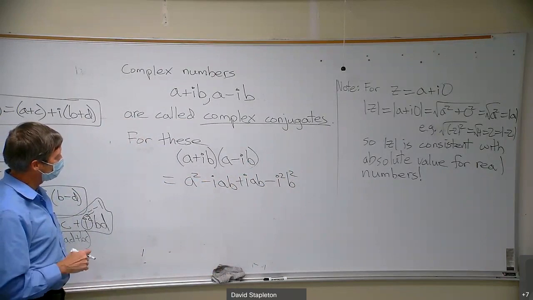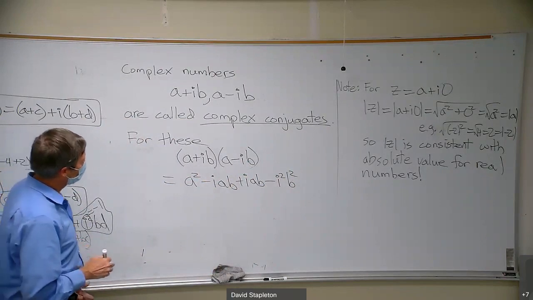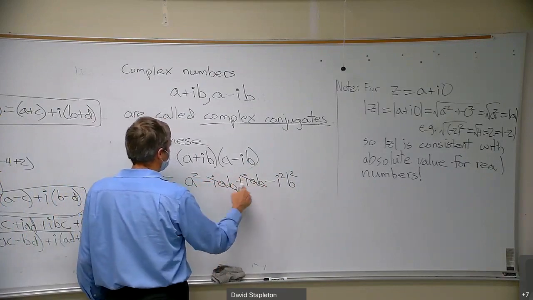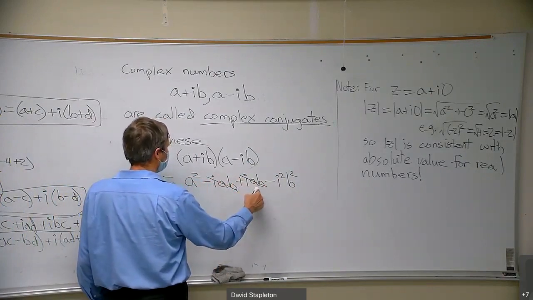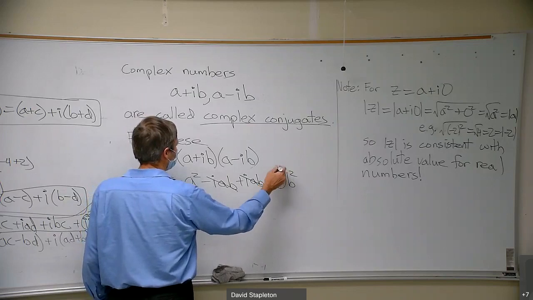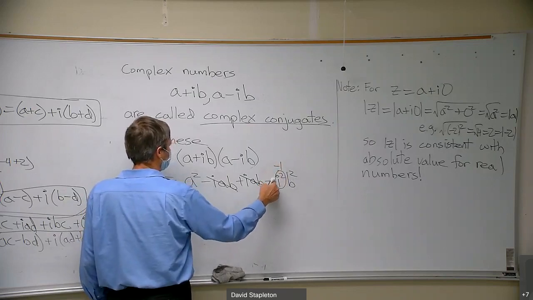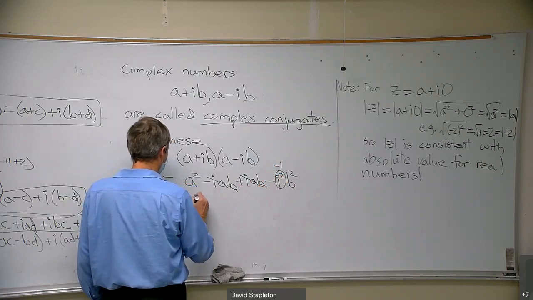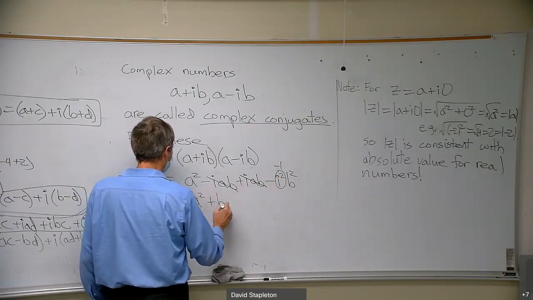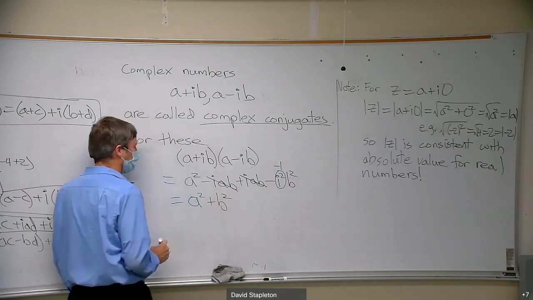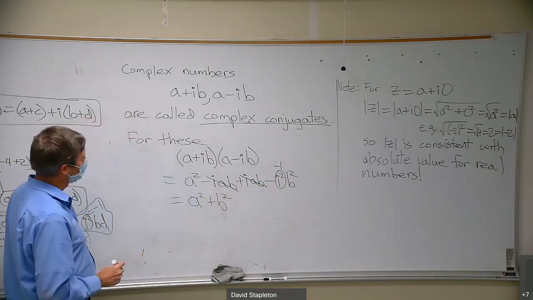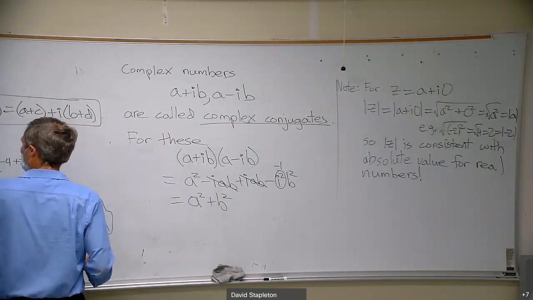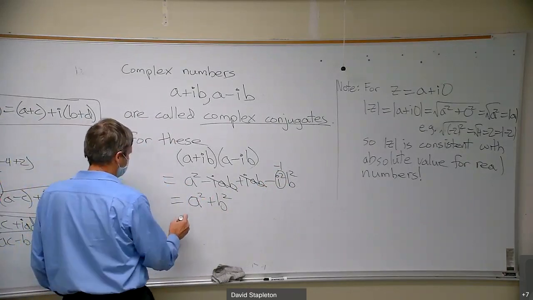And now you notice that minus IAB cancels plus IAB and you get 0 imaginary part. Furthermore, I squared is minus 1. So this becomes minus A minus B squared, which is plus B squared. The whole thing is always A squared plus B squared. Where have I seen that before? There it was, the absolute value, right?